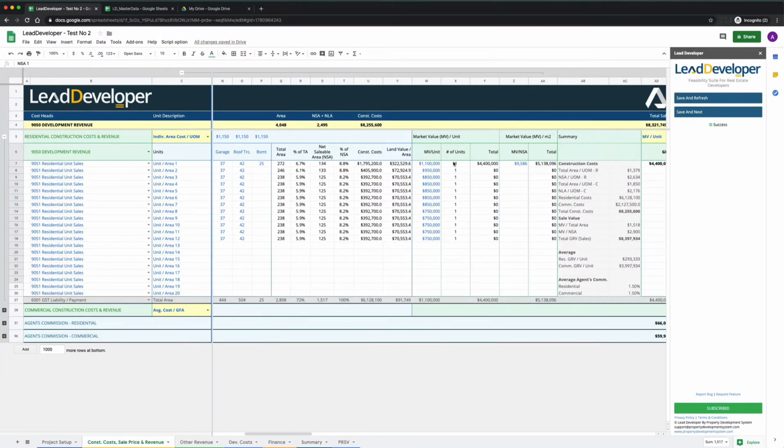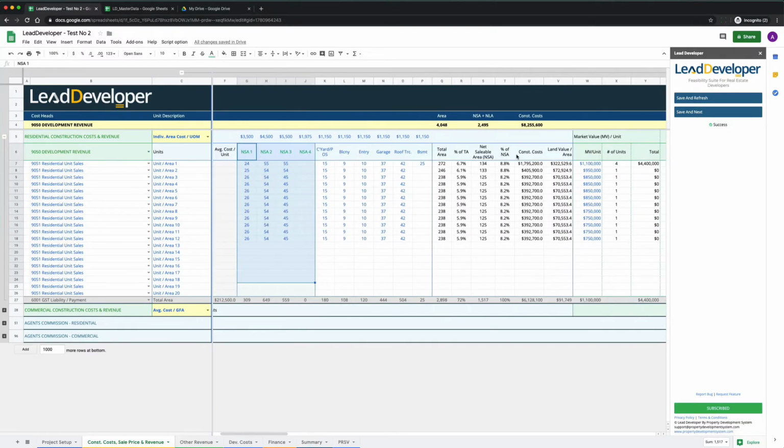However, you still need to come up with a square meter rate or a square feet rate for that total area. But this section is only looking at the total area that you put in this green box over here, which is your net saleable area.